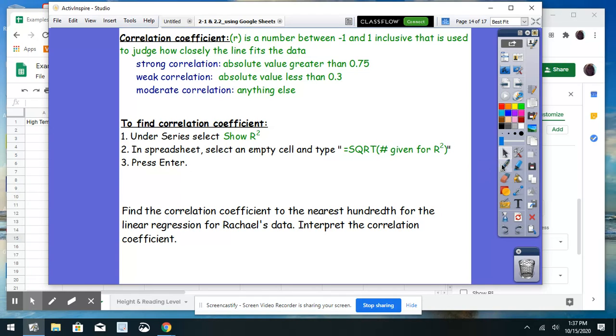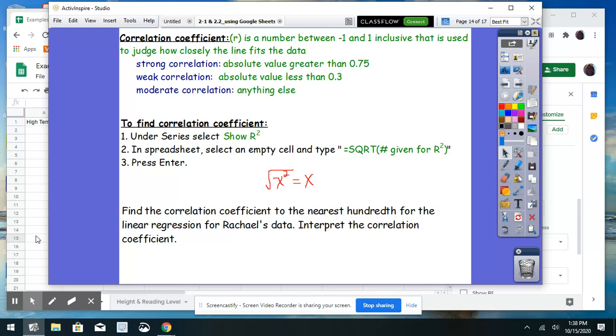For those of you that remember, if we have X squared, to get back to X, the square root of X squared is going to equal X. Okay, remember that. So we're going to use the square root function in the spreadsheet. That's what the SQRT is, a square root. We plug in the number we get for R squared, and that will give us our correlation coefficient.